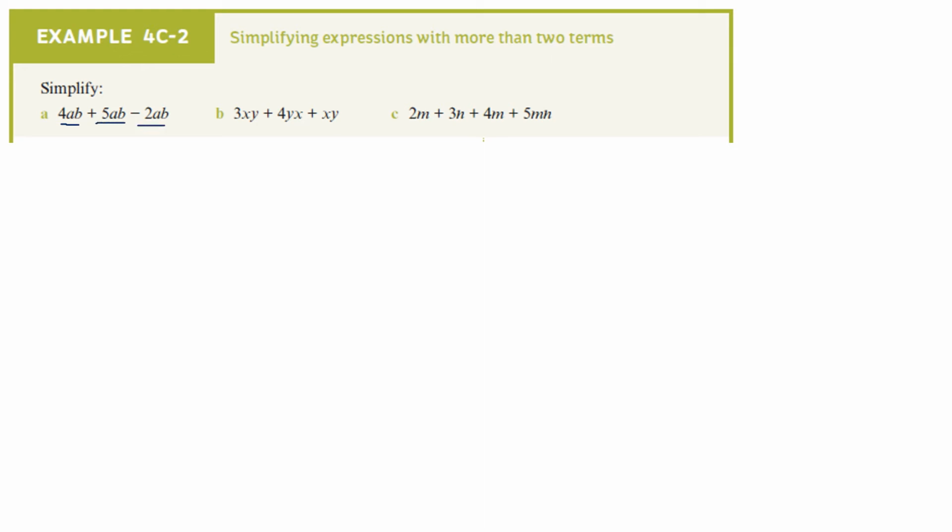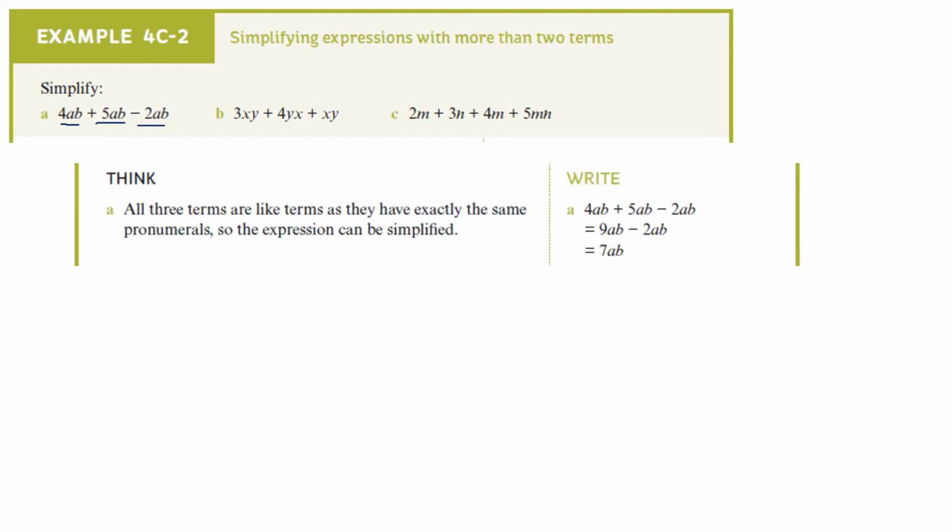So we can just simply go left to right by adding and then subtracting the 2. So we have 4 plus 5 is 9, and then we have our minus 2 at the end. And then I can just simply do 9 minus 2, which is 7, and we just write again the AB in alphabetical order.